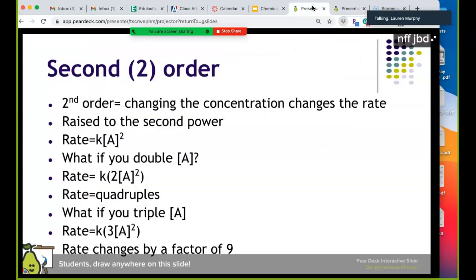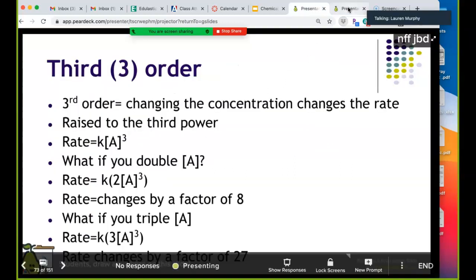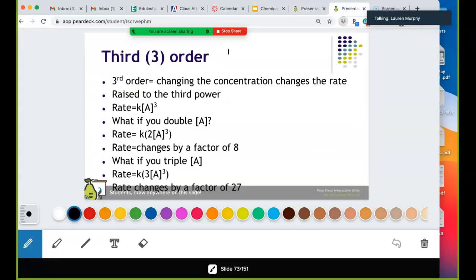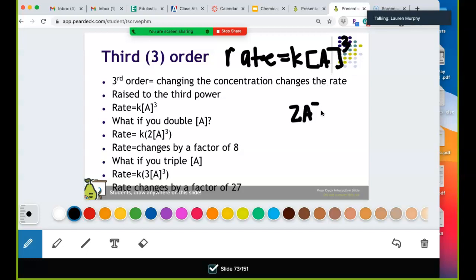And then finally, even wilder, I guess, is third order. So if you write a rate law that's third order, you would write rate equals K, concentration of A to the third power, because it's third order. So for a third order reactant, doubling its concentration, 2 to the third is 8, so the rate would change by a factor of 8.